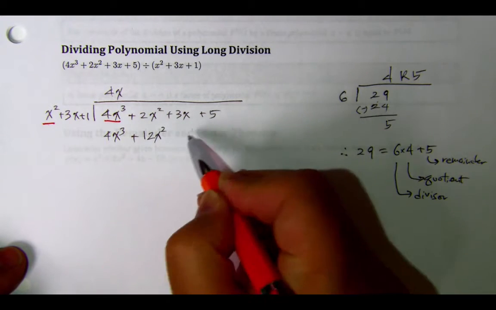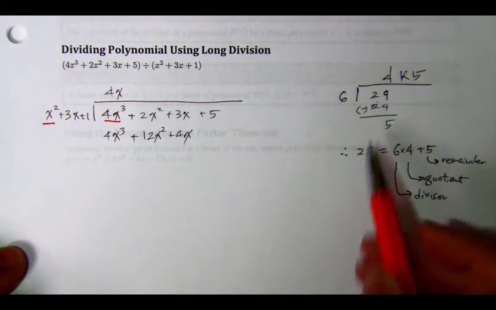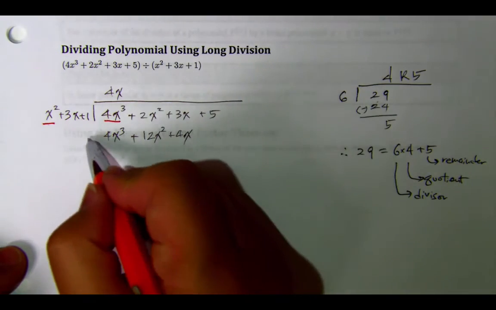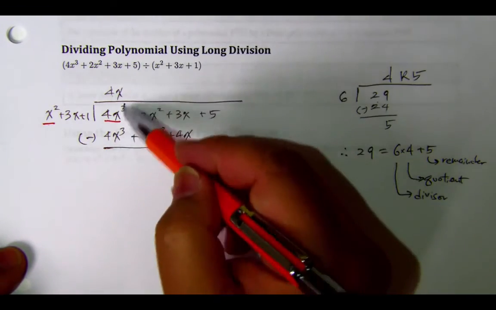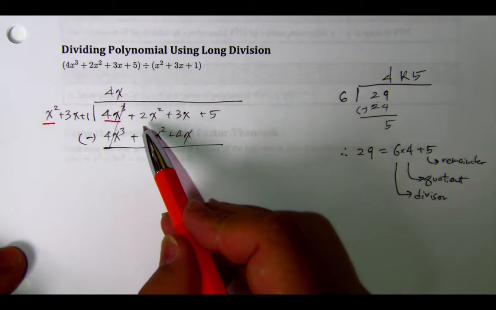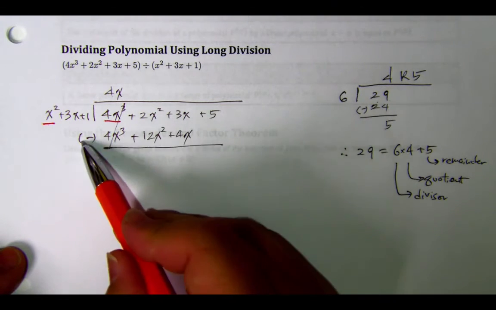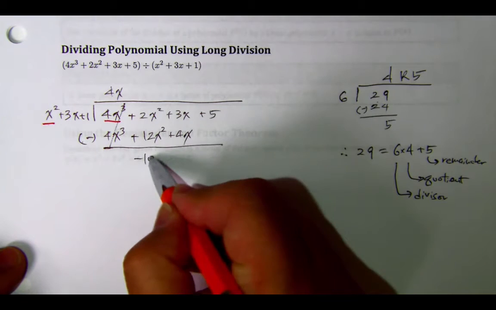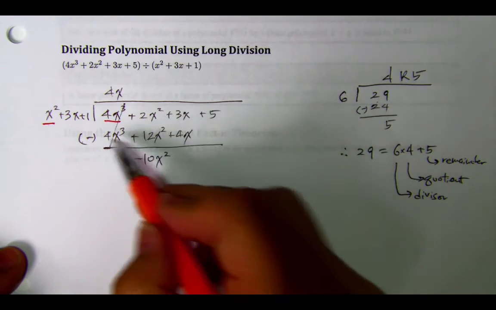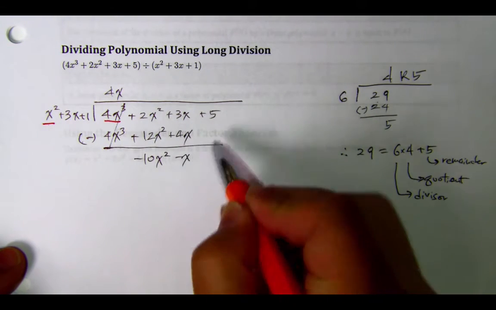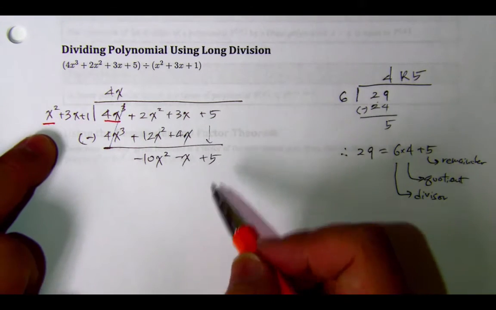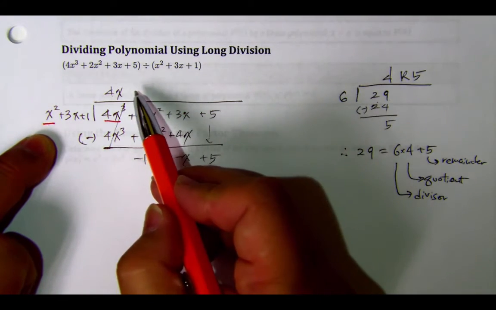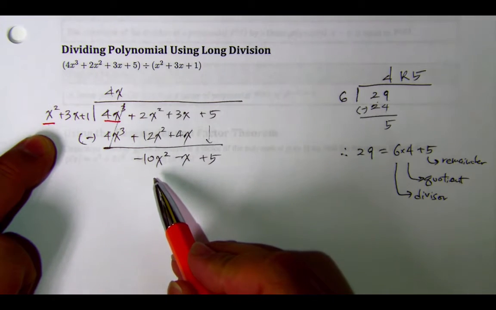So that'll be 4x cubed plus 12x squared plus 4x. And just like this over here, we will subtract them. This has to cancel because that's why we chose them in the first place. So 2 minus 12 gives you -10x squared. 3 minus 4 gives you -x, and you bring that down, you get 5. So next question is, x squared times what gives you -10x squared?